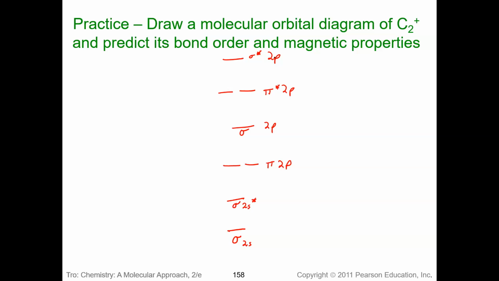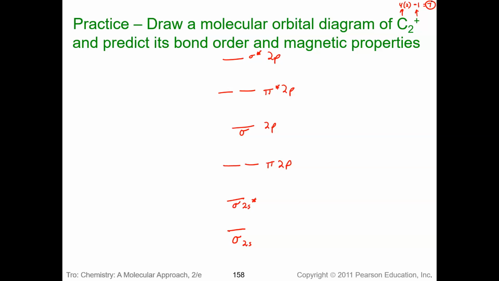Okay, so when we do this, we have carbon, right? Carbon has 4 valence electrons times 2, which is 8. And again, the plus means take 1 away. So we have a total of 7 valence electrons here.